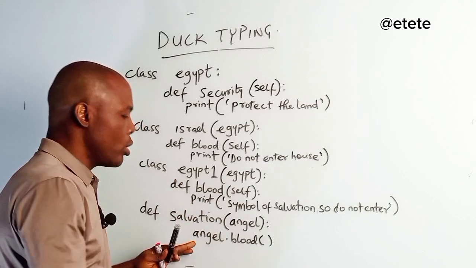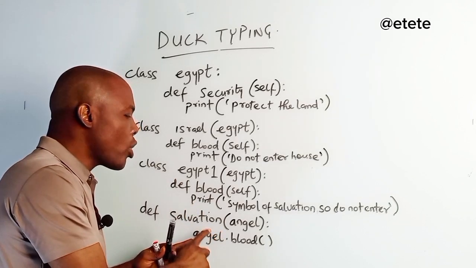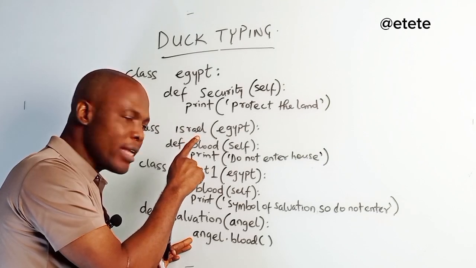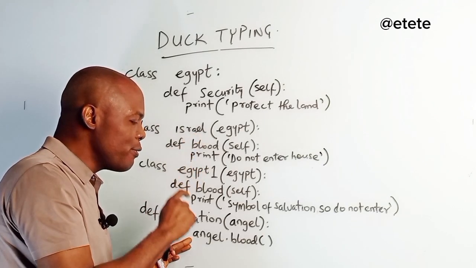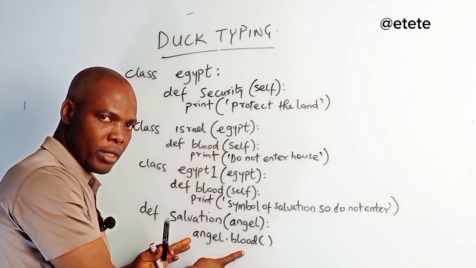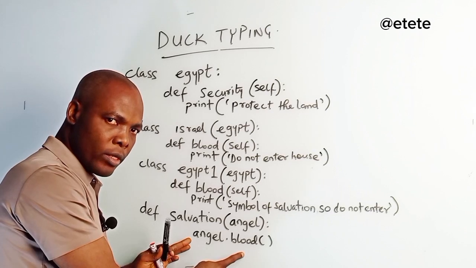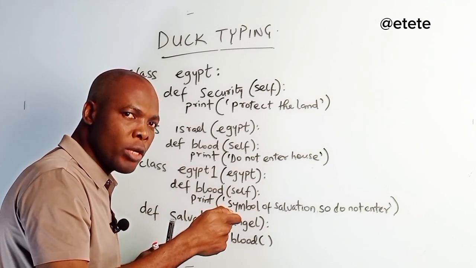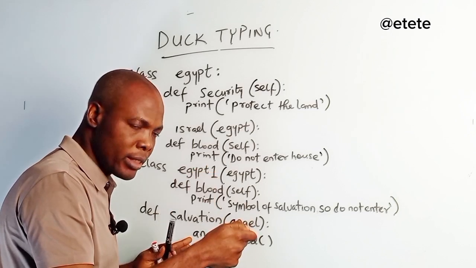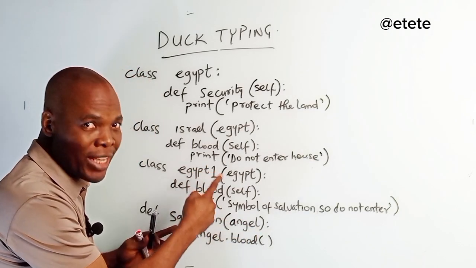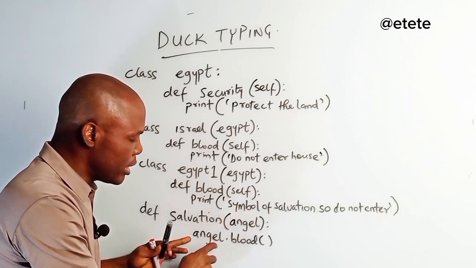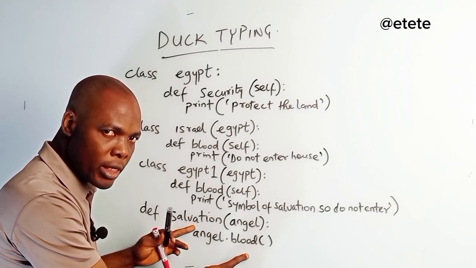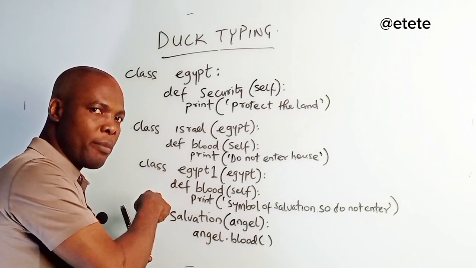Now I told you, the accessing of the class will be determined by whether it has blood in it. That means you are appointing somebody because he's competent, not because of the class type. It is because it has the blood method in it, not because of the type.